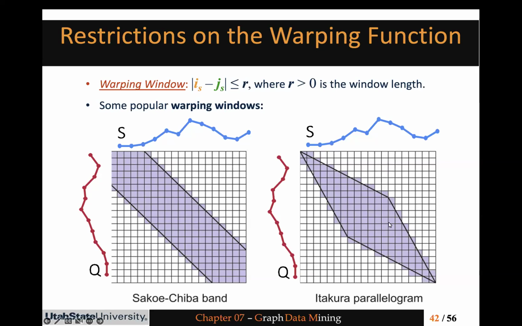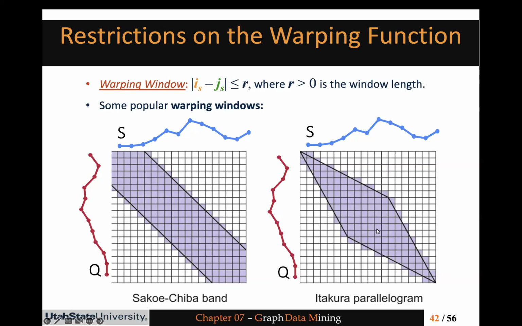Another thing I should mention is what happens if you pick exactly the diagonal. What if a path goes exactly on the diagonal between the two time series S and Q? If we take exactly the diagonal, then we are producing an LP norm, or if you choose the L1 norm, this is exactly equivalent to computing a Manhattan distance, because every single point is matched to the point with the exact same index on the counterpart.